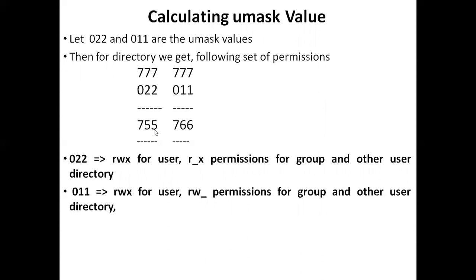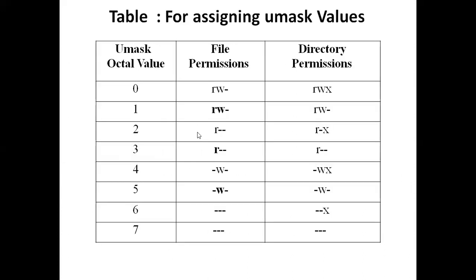Sorry, read and execute permission assigned to group and other users, but no write permission. In case 011 is the umask value, then this is the set of default permissions and the user is assigned all the 3 permissions, but only read and write permission for group and other users.